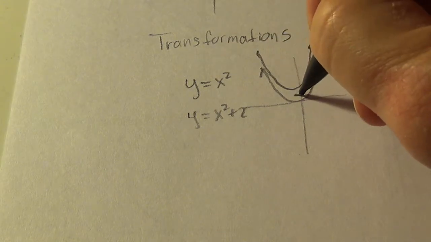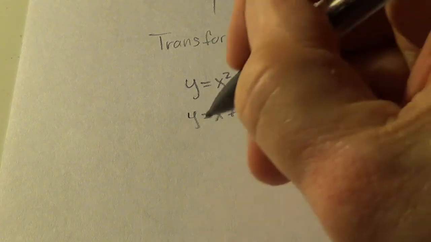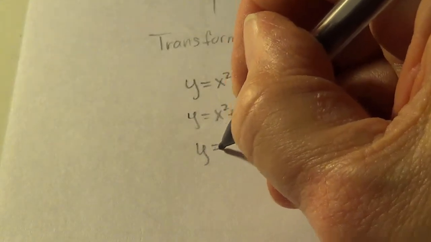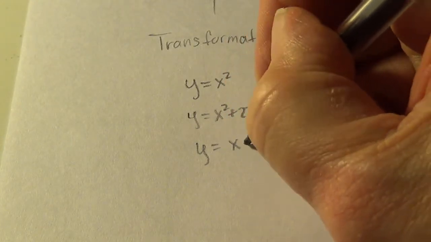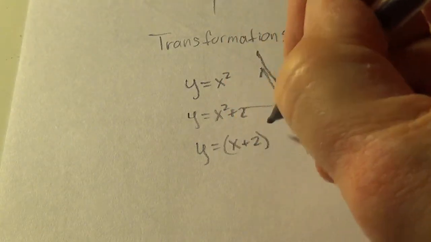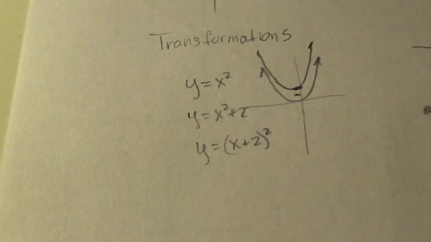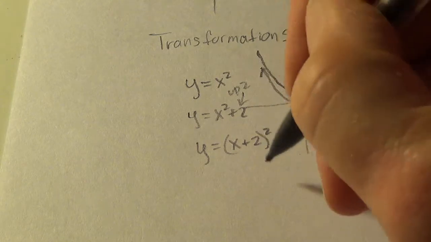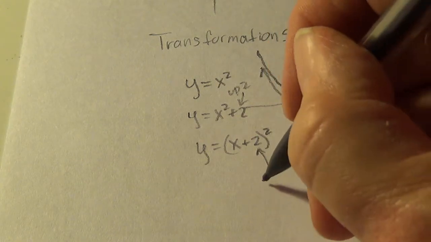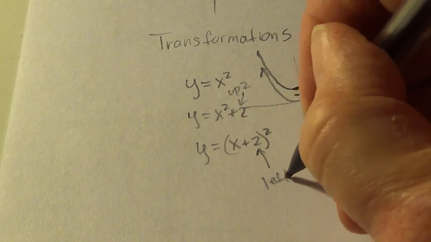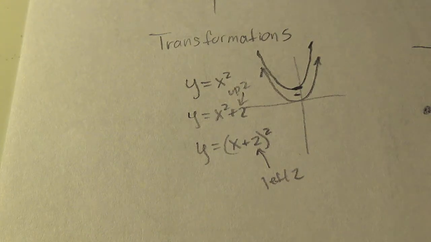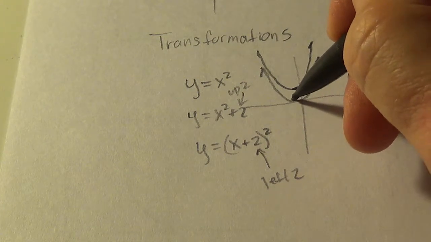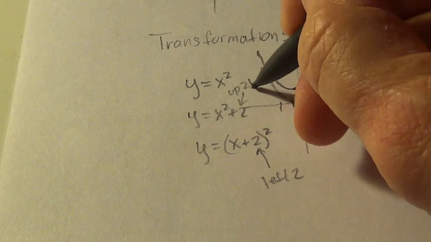So 1, 2. And do you recall what happens if that plus 2 hugs the x variable even before it's squared? So this makes it go up 2, but this makes it go to the left 2. You would think it would be right, but left and right are the opposite, so it would move the original one over here.